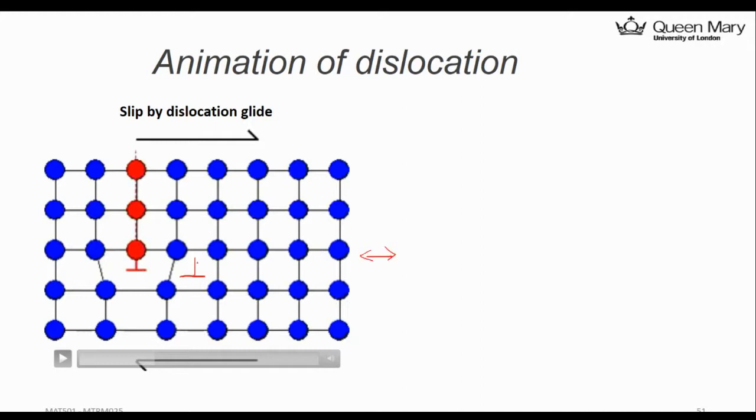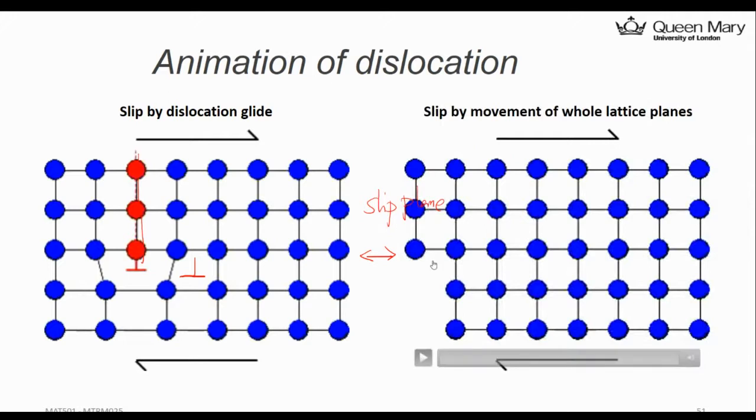And the vertical line is the slip plane. It's basically the dislocation path where it has moved from left to right. Okay, that's the notation for the slip.